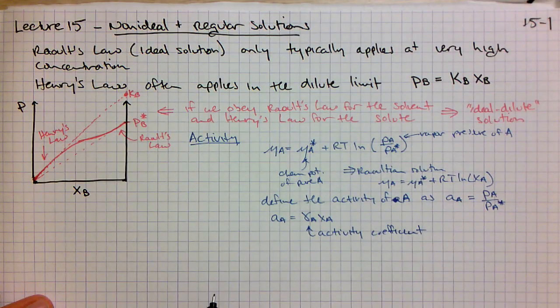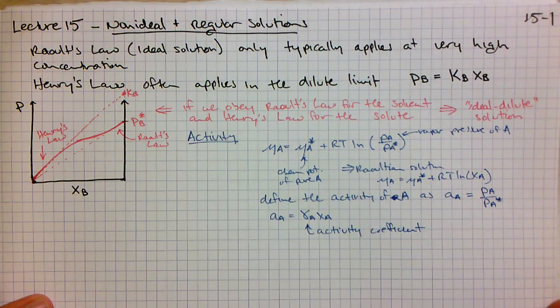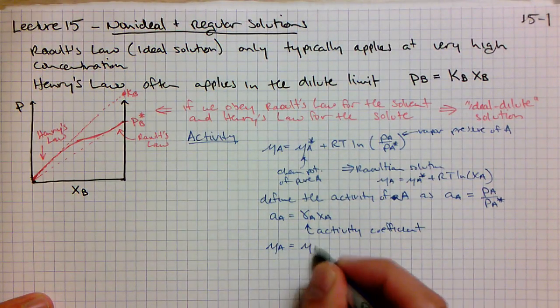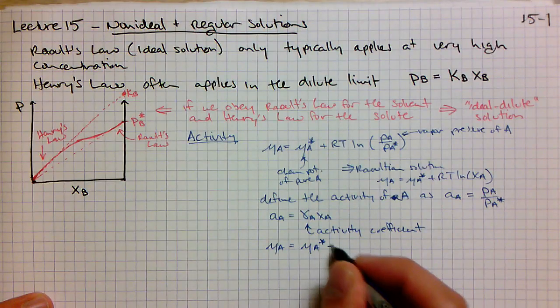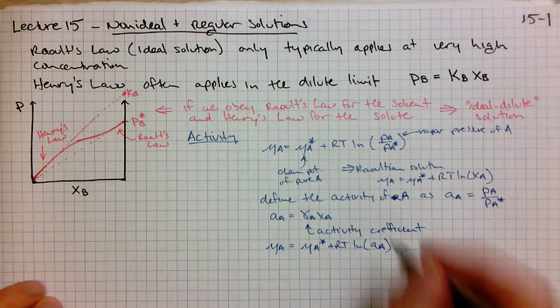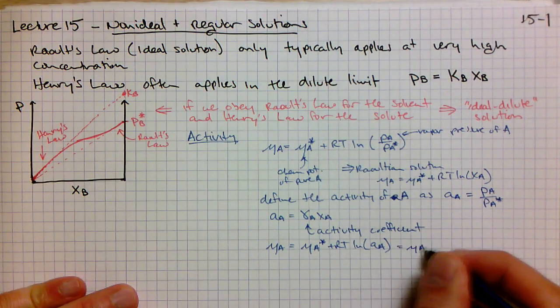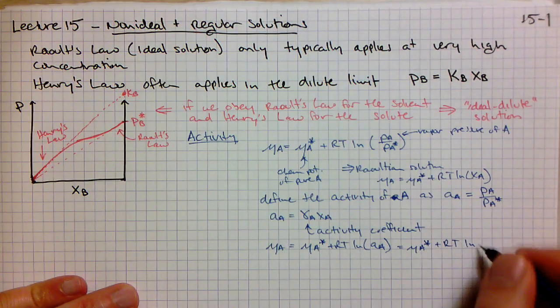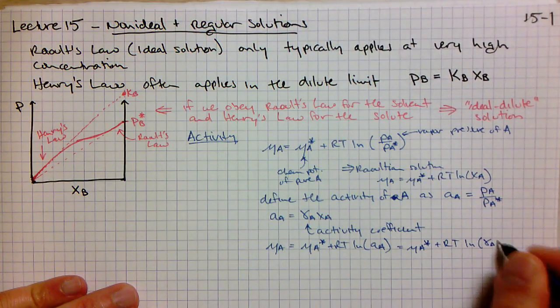If we write it this way, then in general, mu A is equal to mu A star plus RT natural log of AA, which is equal to mu A star plus RT natural log of gamma A XA.